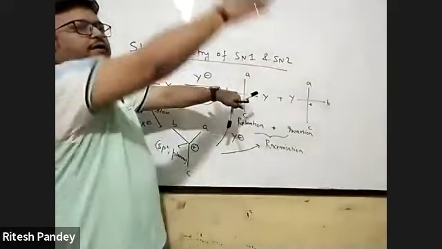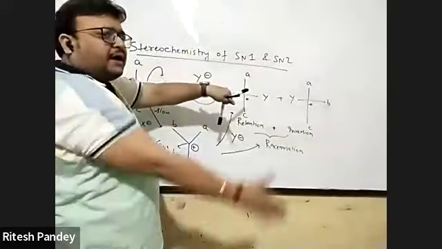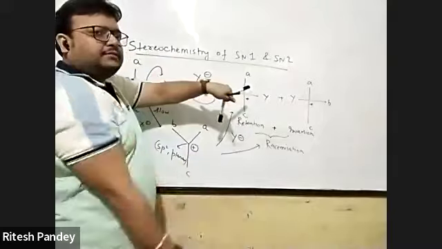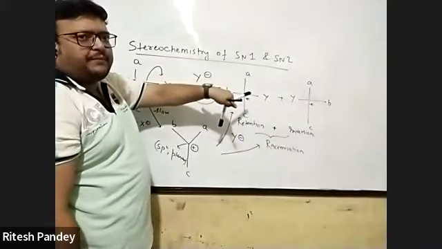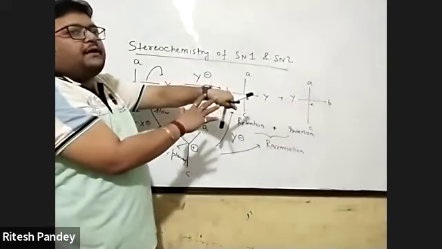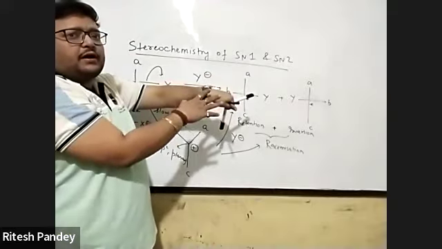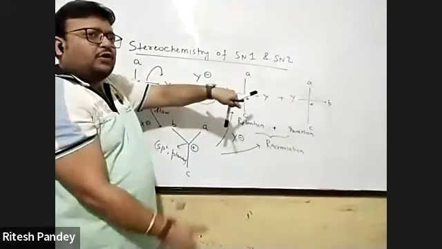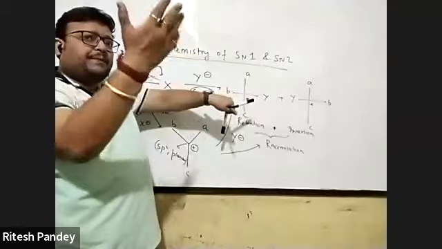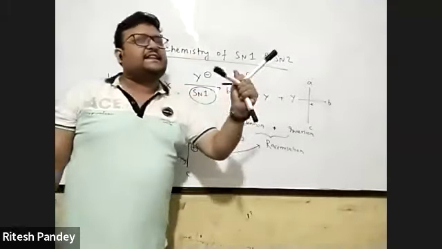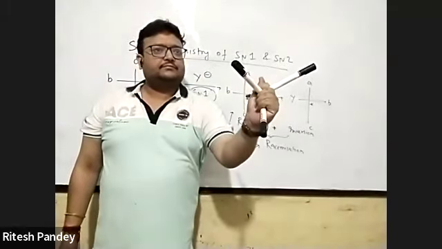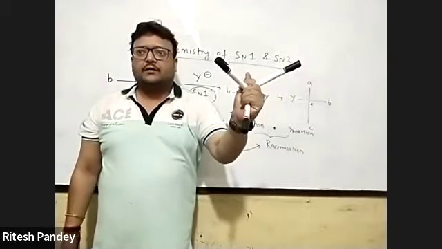And if this whiteboard is suppose the plane mirror, then if this is one particular tetrahedra, its mirror image or its enantiomer in the plane mirror would look like this. All right.